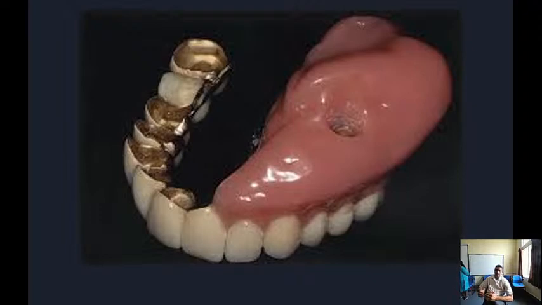Then you have the myxomas from the subcutaneous tissues, and the mesenchymal ones from the bone, the osteomas. Then you have the fibrous tissue, fibromas, and neurofibromas from the nervous tissue. Then you have the vascular ones, the hemangiomas. This is how you make a diagnosis and then treat.